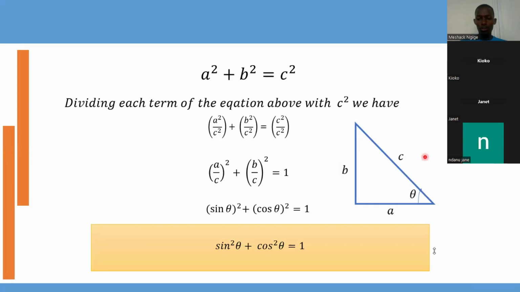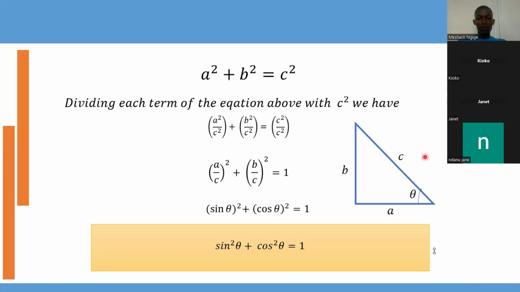So when you divide all through by c squared, we have a squared over c squared plus b squared over c squared equals c squared over c squared.